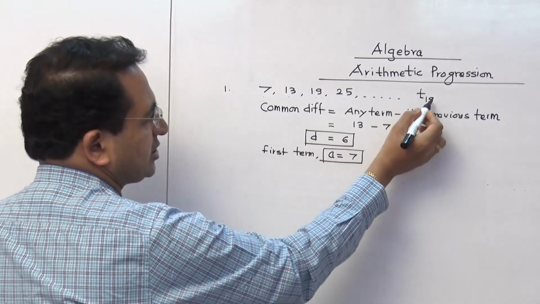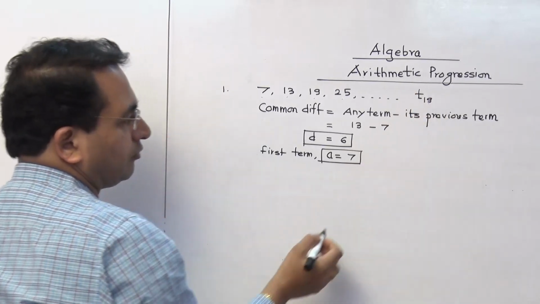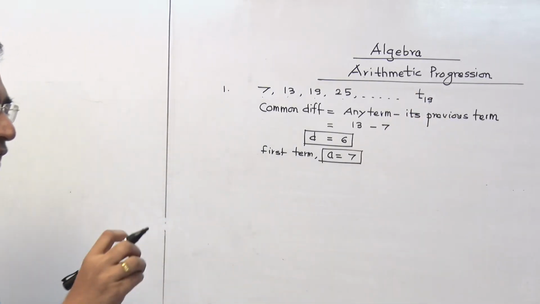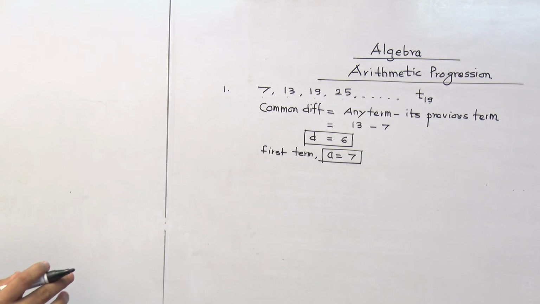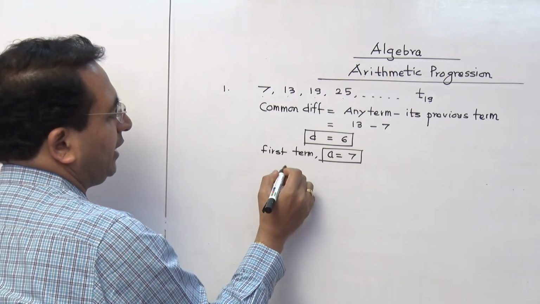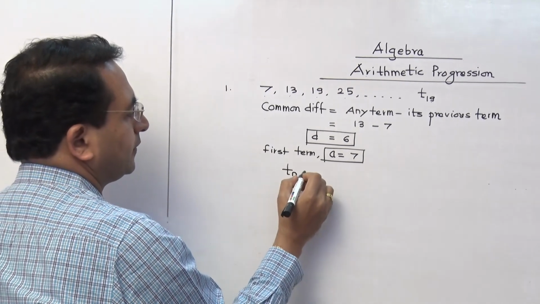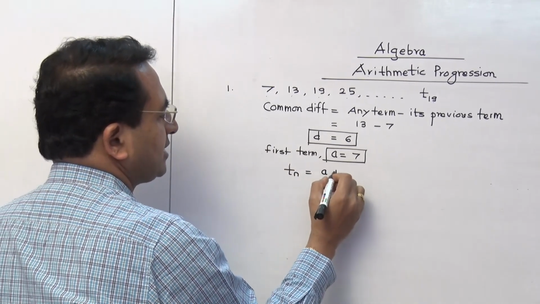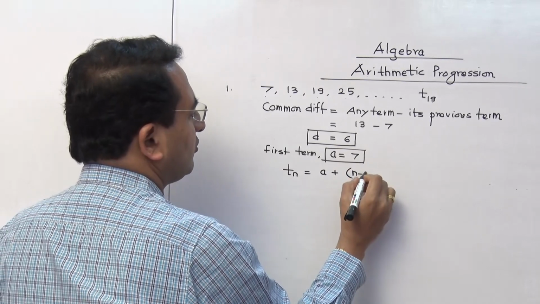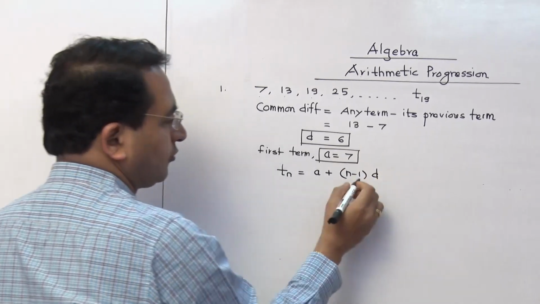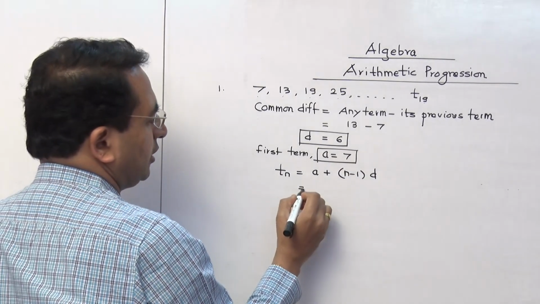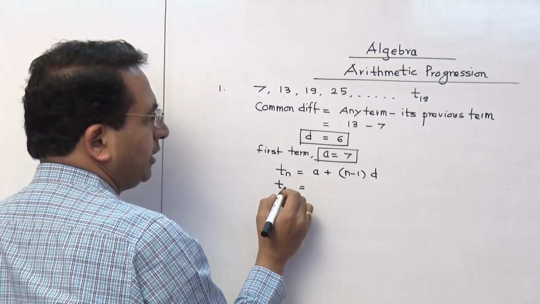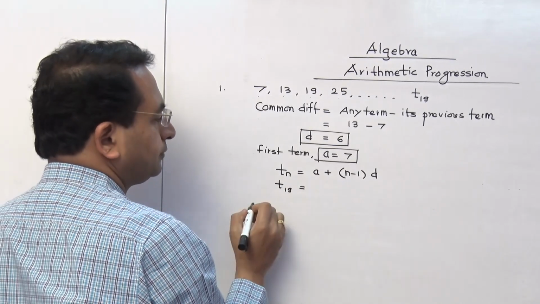Now we are asked this T19. So this particular question is related with finding the nth term of that sequence. So we have to write the formula Tn, that is A plus n minus 1 into D. That is the first formula which we have discussed. Now we have to write T19 here.